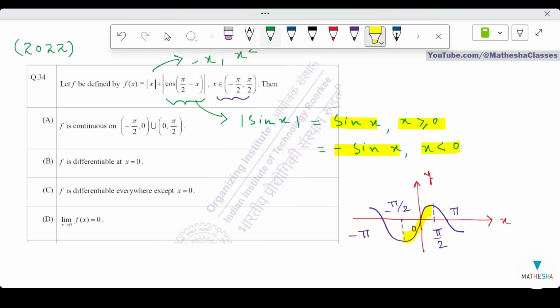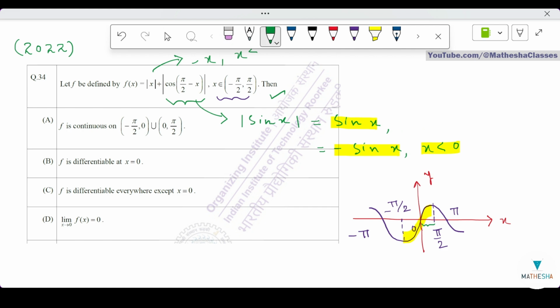So definitely note carefully, when x is bigger than or equal to 0, when x is lying in this part, bigger than or equal to 0 but less than pi by 2, then definitely sin x is non-negative. So mod of sin x must be equal to sin x because it is non-negative.